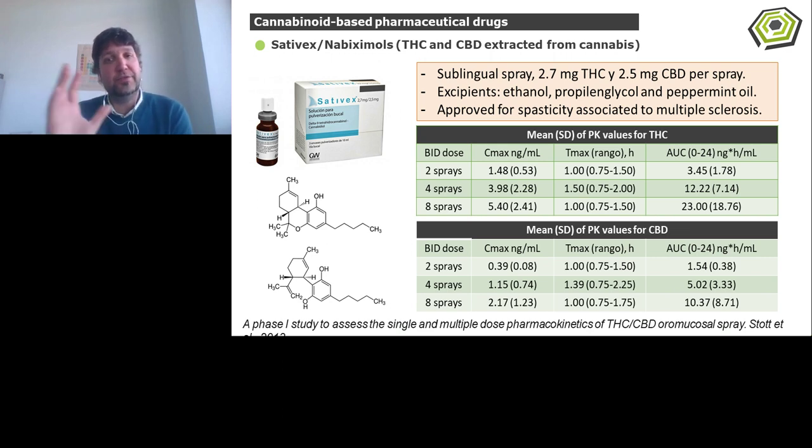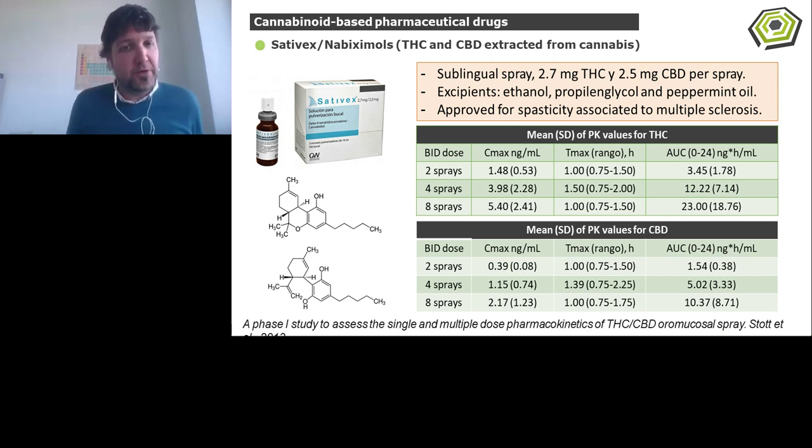Now we get to a different set of approved compounds or approved pharmaceuticals, which are based actually on cannabinoids that come from the plant. They're not synthetic. The first one will be Sativex, which is a sublingual spray that contains 2.7 milligrams of THC and 2.5 milligrams of CBD per spray. Excipients, again, ethanol, propylene glycol, and an oil to give it a flavor.